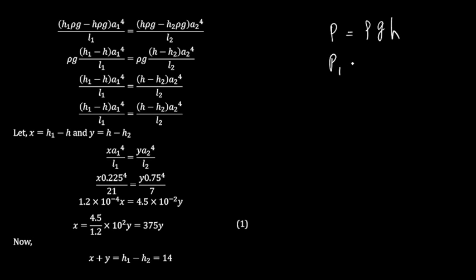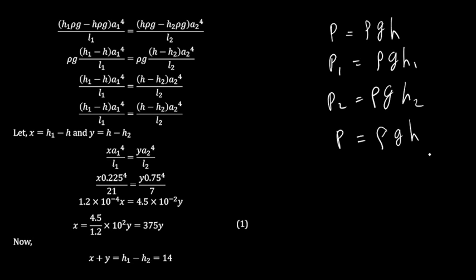So in place of P1 we write rho g h1, for P2 we write rho g h2. Rho and g remain the same because the density is fixed, since we have liquid mercury, and the pressure at the junction we write as rho g h.